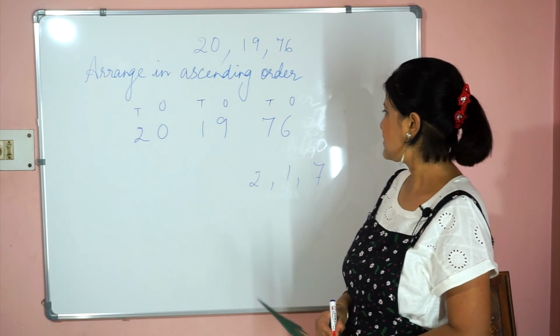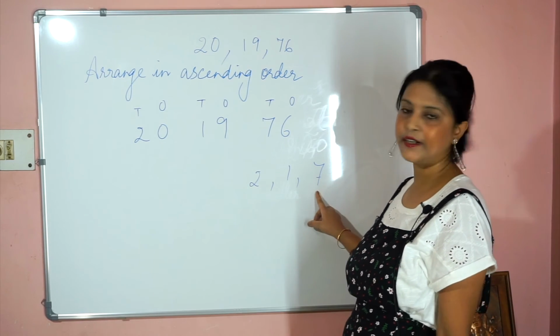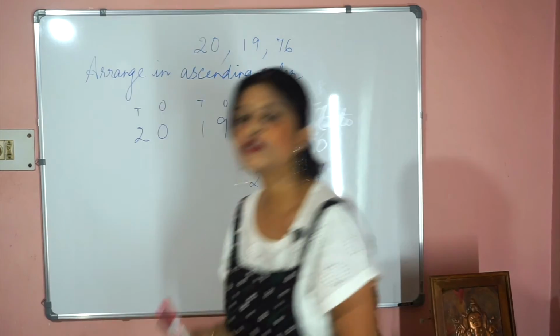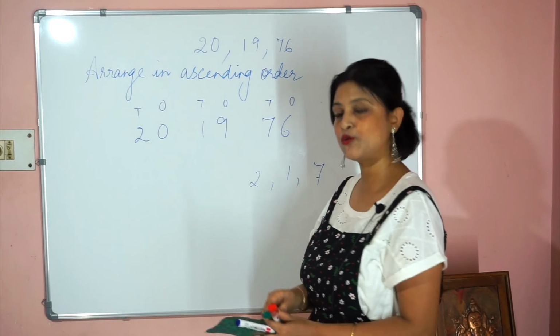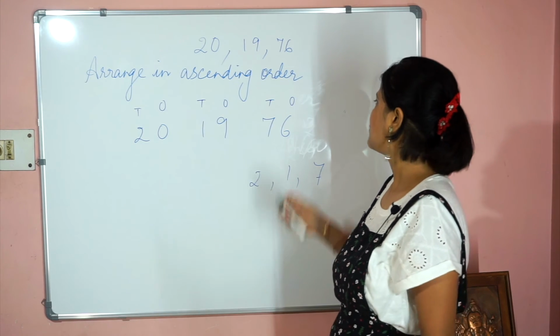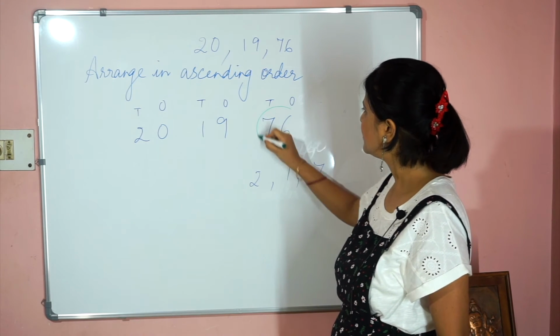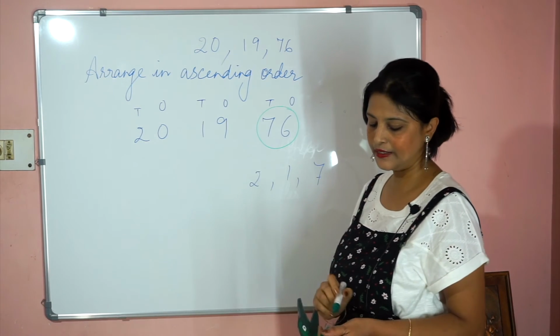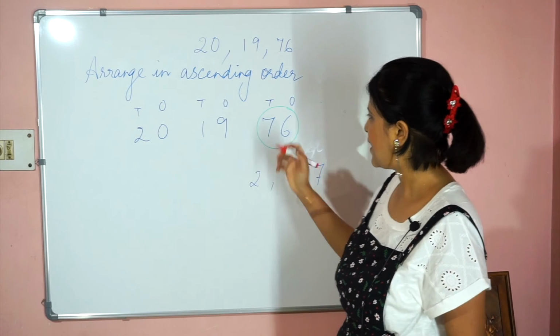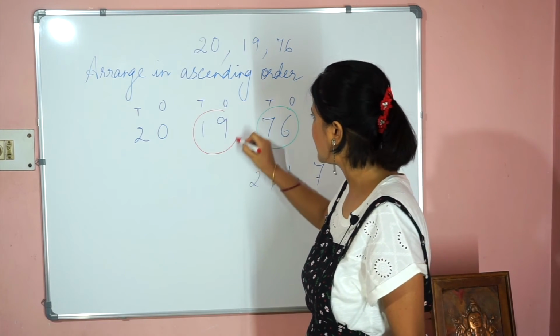So, you can see 7 is the greatest and 1 is the smallest. So, here let me choose two different colors, right. The bigger one I am going to mark with a green color. The smallest one I am going to mark with a red color.